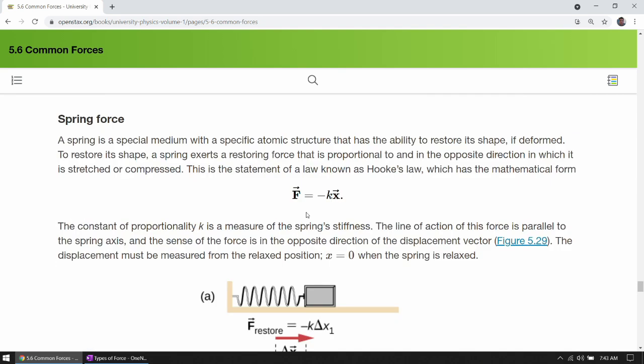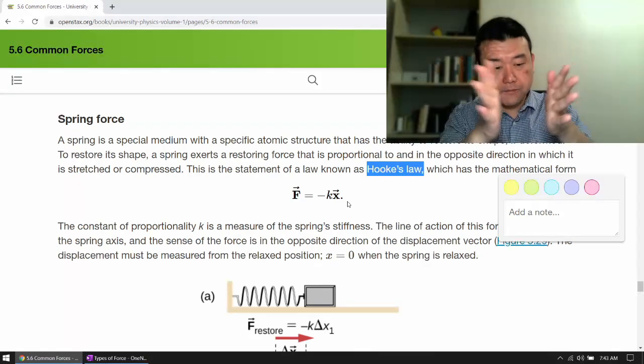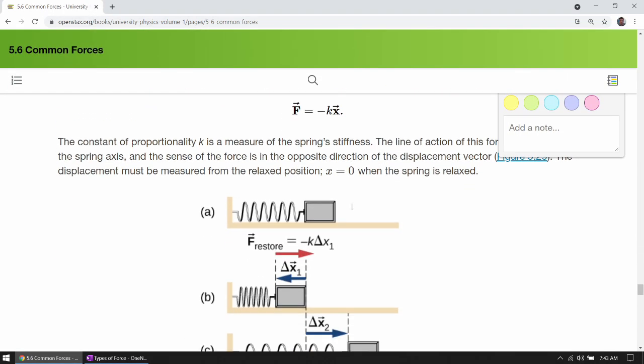For the time being, it's enough for me to mention Hooke's law, which relates the magnitude of spring force to the displacement, how much the spring is either stretched or compressed. We'll talk more about spring force later on in the semester, so we will leave that there.